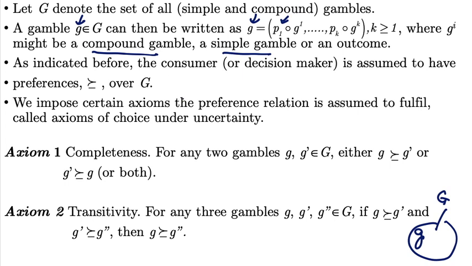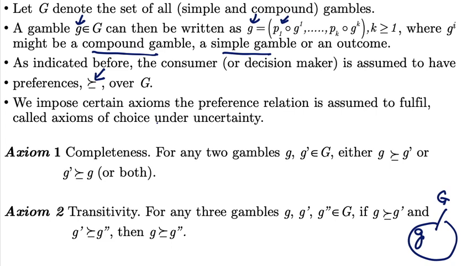As mentioned before, if we have a consumer, that particular consumer is assumed to have preferences, and those preferences are denoted as this, which is "at least as preferred" over the set of gambles G. Like I said just now, in order to understand more about the properties of choice under uncertainty, we need to understand the axioms.